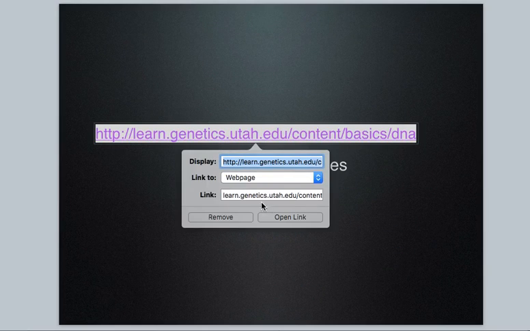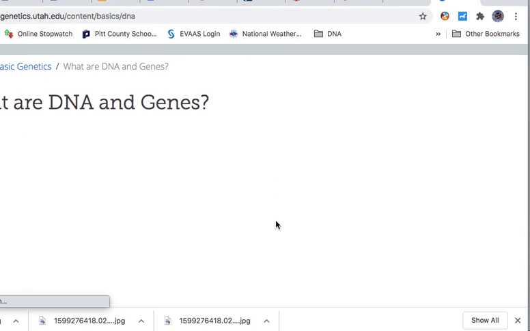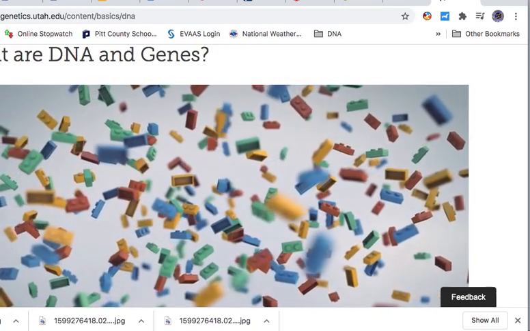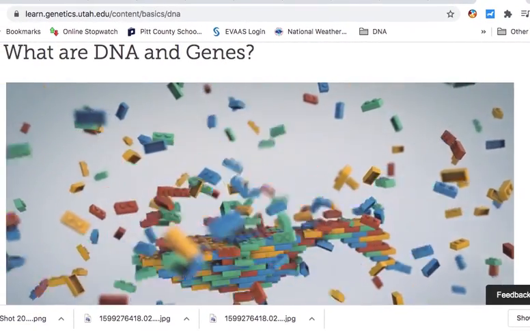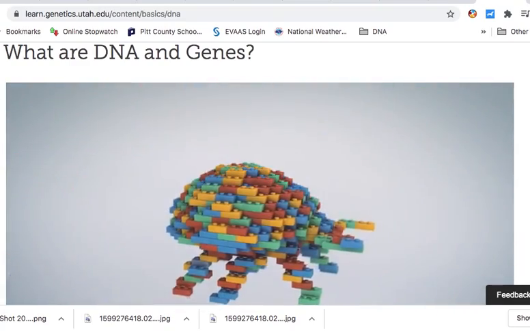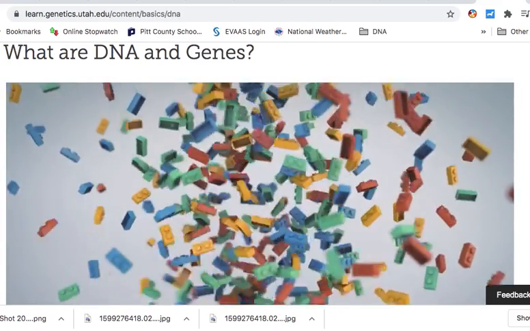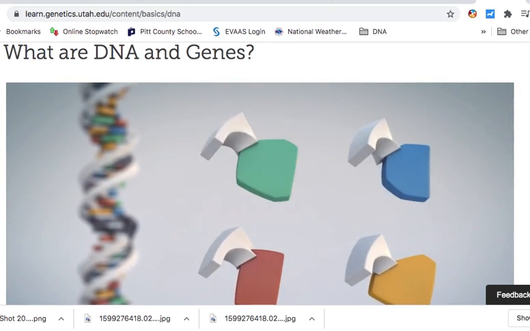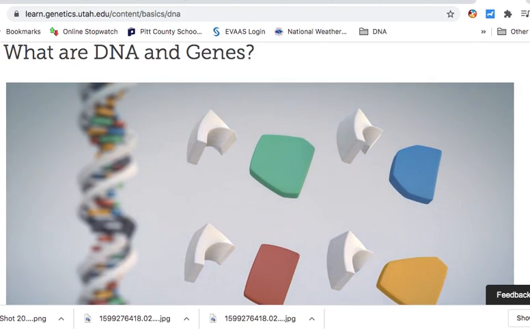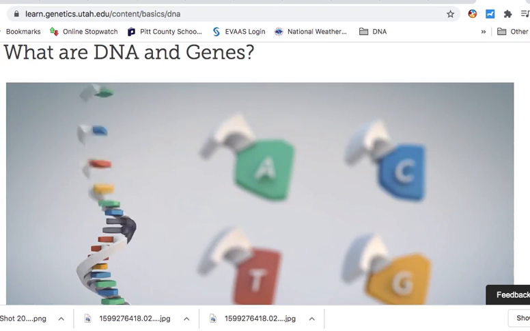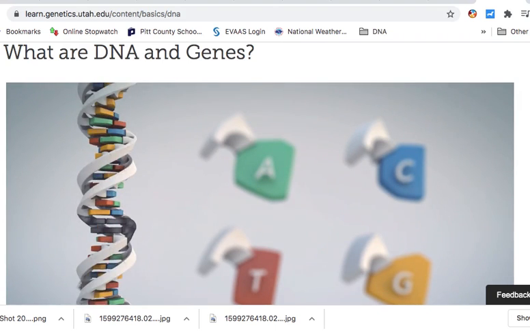Now, here's a little video clip. The instructions for building all living things, whether a fish, a bacterium, a tree, an insect, or a person, are found in a molecule called DNA. DNA is made up of 4 tiny building blocks. Each building block has a backbone and a chemical base that is represented by the letter A, C, G, or T. DNA molecules have 2 strands that are joined together through complementary base pairing.